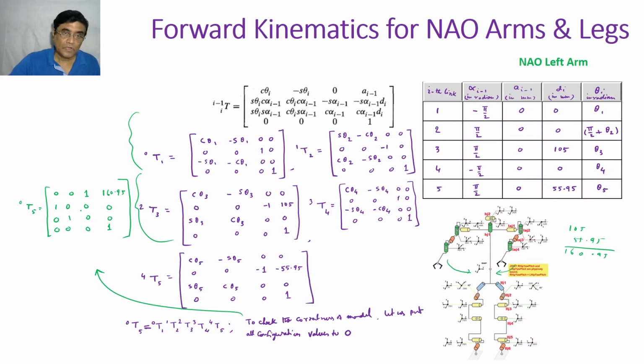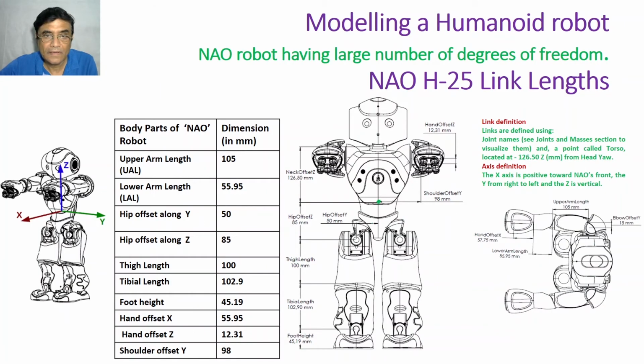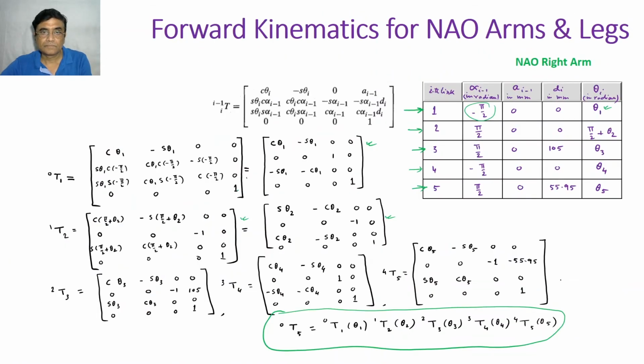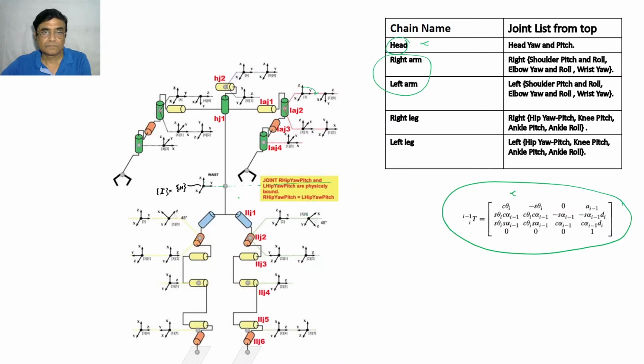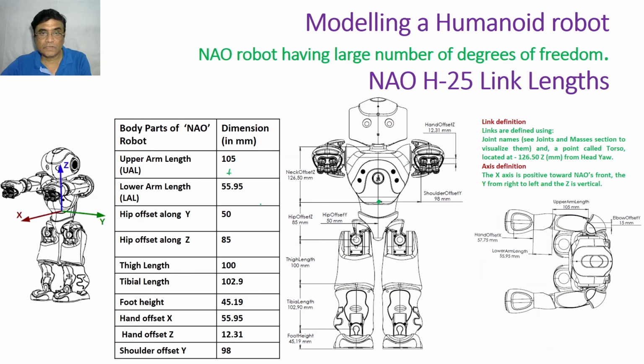Now to check, you see 105 and 55.95: 105 is the upper arm length and the other is the lower arm length. So this will be hanging in a straight way, so this will be plus this. This is what you should get.